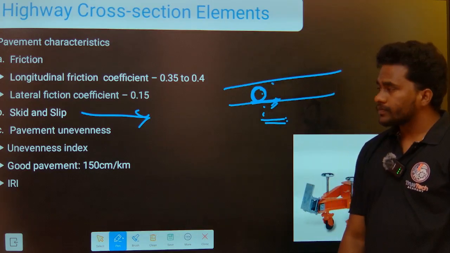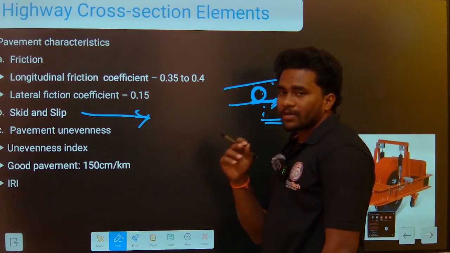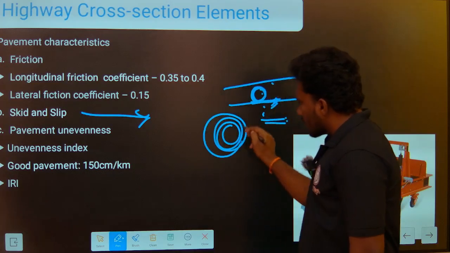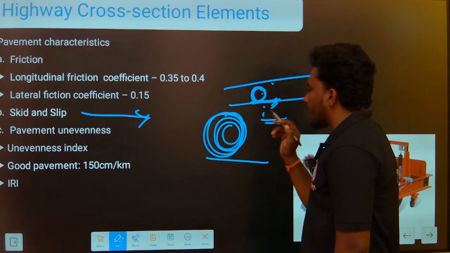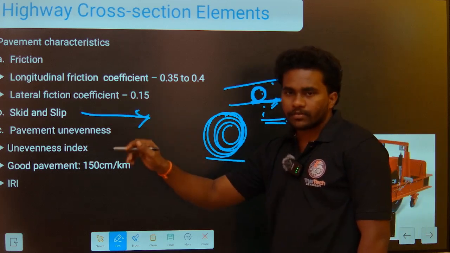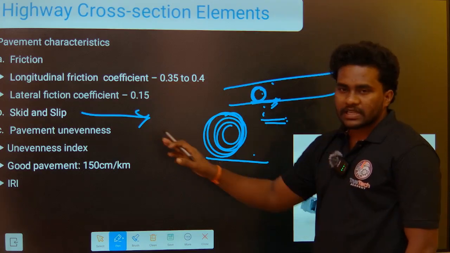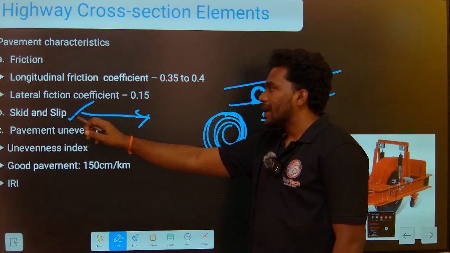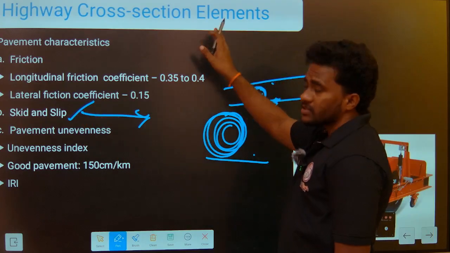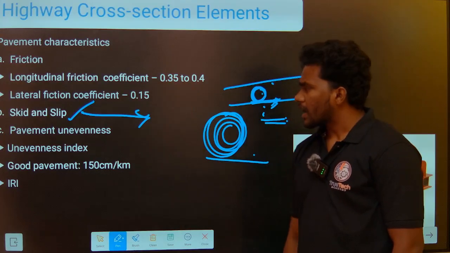And slip is nothing but the vehicle tire revolving at the same place. I am saying in simple terms, so that this is the difference between skid and slip, and these are considered in the cross section design of highway also.